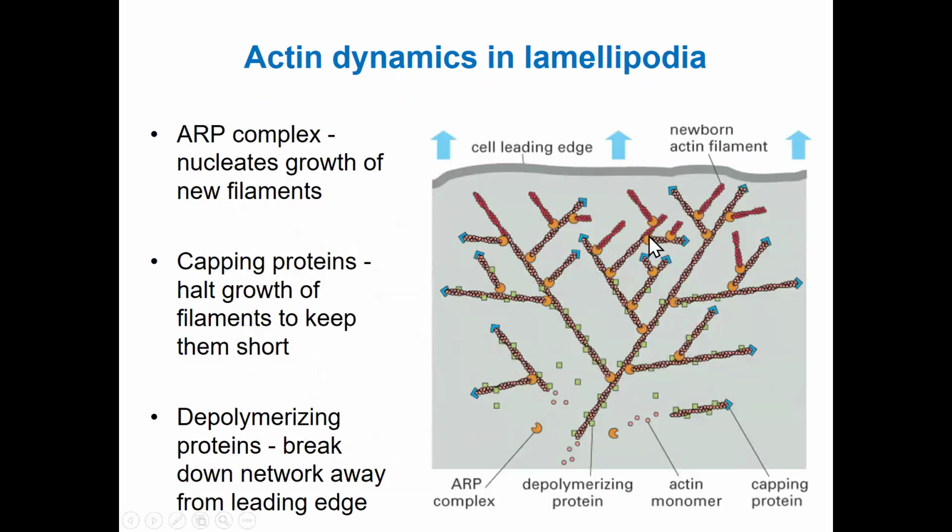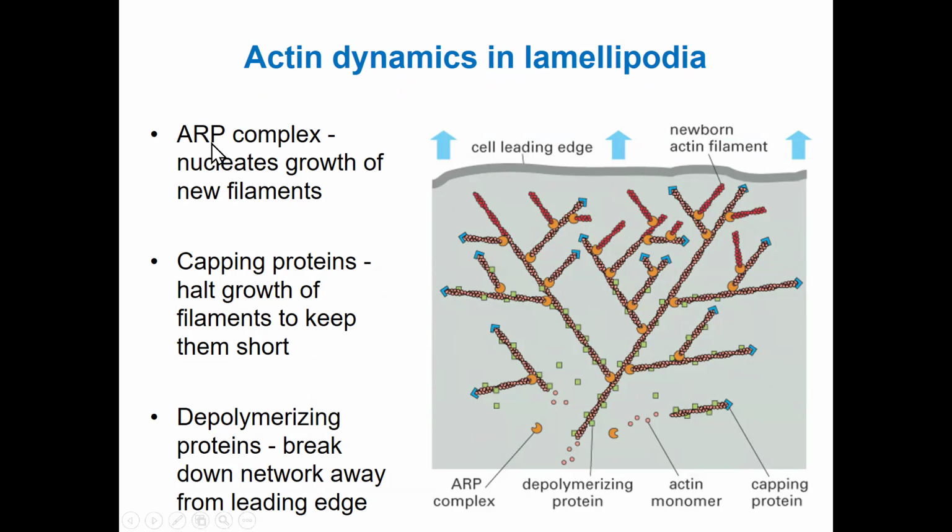Here you can see actin dynamics in lamellipodia, a diagram so you can understand very clearly. The cell leading edge, as the actin polymerizes and becomes extended, makes the force to the leading edge and it moves.